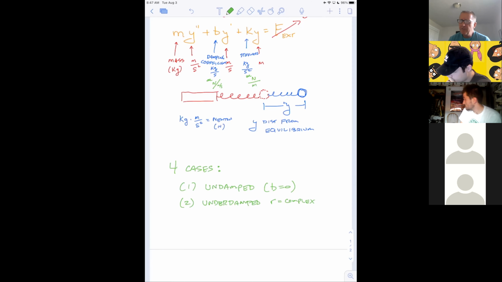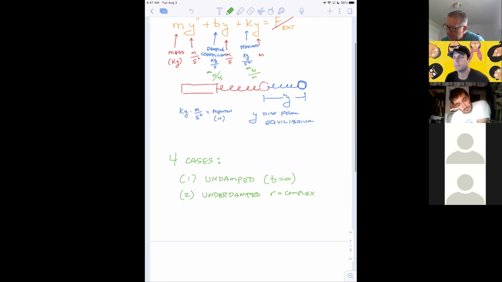Because remember we had that auxiliary equation, and sometimes to get our R values, and again, we'll do an example again, I know it's been a couple of days, you get a complex number for that. And you know, again, we said that was kind of interesting, but it basically would mean B squared would be less than 4mk in the quadratic formula.